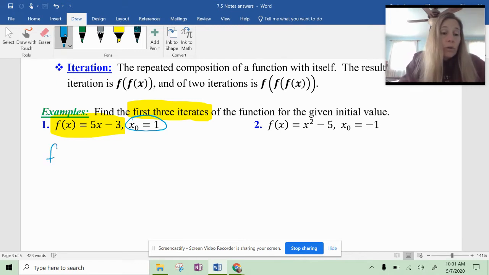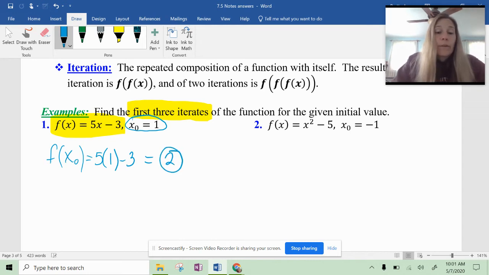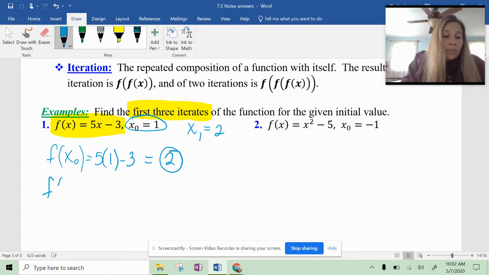So if I'm going to do f of x sub 0 equals 5 times 1 minus 3, that's going to give me 2. So this would be my first iterate here. This is now my x sub 1, or my first iteration there would be 2. Then if I plug that in, I am now plugging in the 2 for the x.